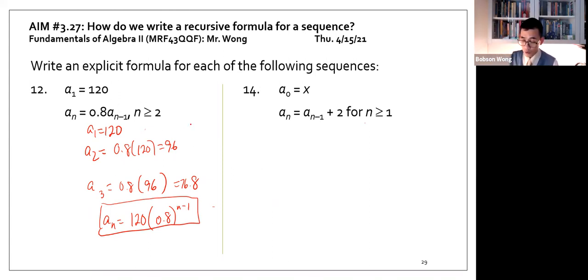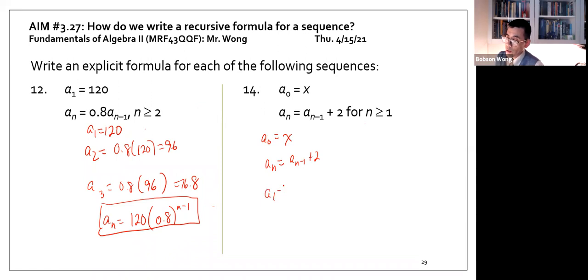For the last question here, this last question is really tricky because there are variables, not really numbers here, but we can follow the same rules. So the first term here is a sub 0, not a sub 1. And sometimes we start with a sub 0 instead of a sub 1. Now the nth term is going to be the previous term plus 2.